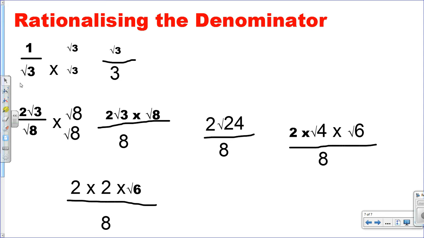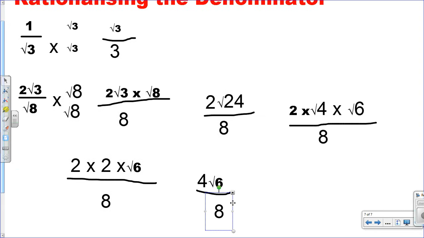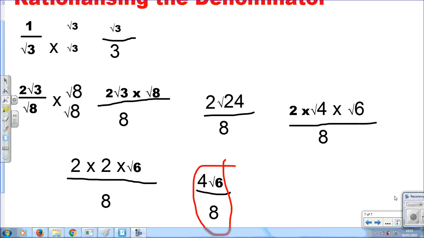So our final answer would be 4 square root 6 over 8. And that would be your final answer. And that is also everything that you would need to know about surds.